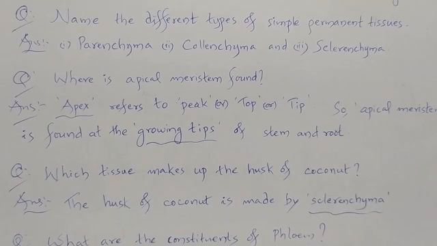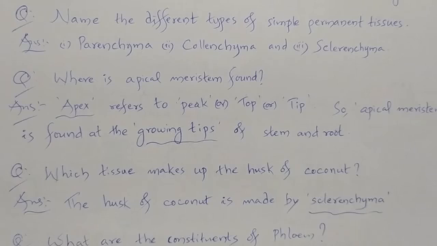Next, where is apical meristem found? Apex means peak or top or tip. From this word apex, the word apical is derived.